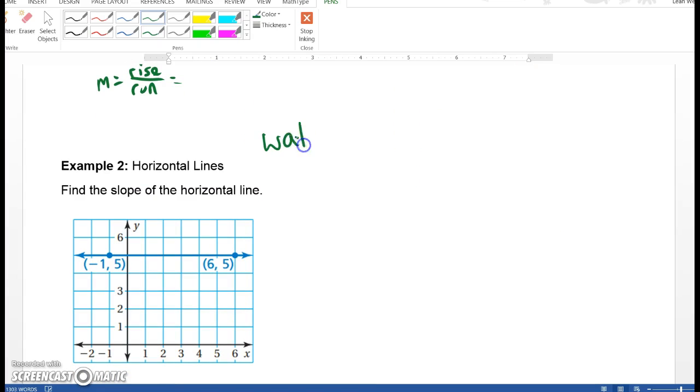So when you write this on your paper, anything that we write, you should be writing. This is the same whether you're watching this at home because you were absent, whether we're doing this together in class, or whether we've assigned you to watch this. You write everything that we write. So we're going to watch the slope dude video, and that is on the Weebly website.